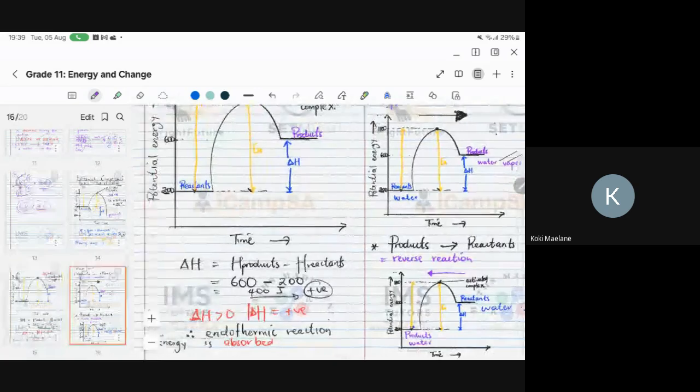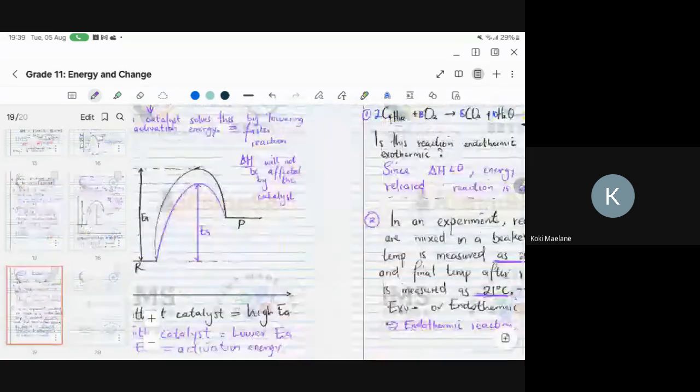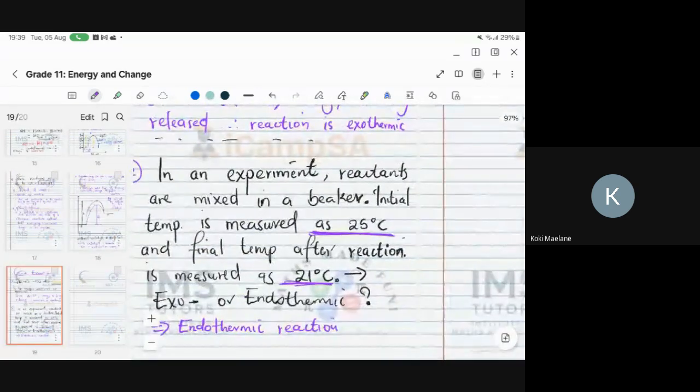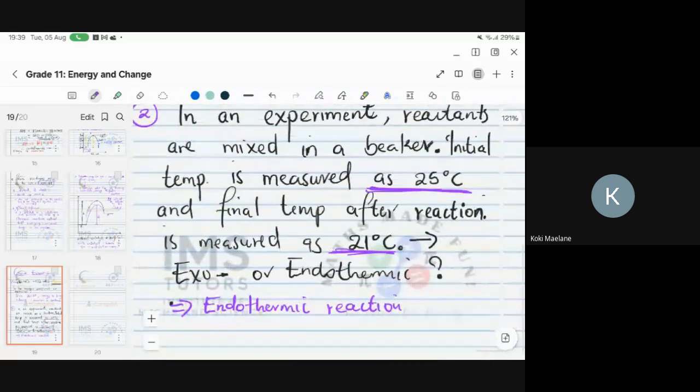But in this case, we're dealing with temperature. Temperature, we can only measure in our surrounding. So we can't necessarily say this is an exothermic reaction, because you'd be quick to think this was an exothermic reaction, but it's actually an endothermic reaction, because from the surrounding, which is where we are as the people measuring the temperature, the surrounding suddenly dropped in temperature, meaning heat was absorbed from the surroundings.